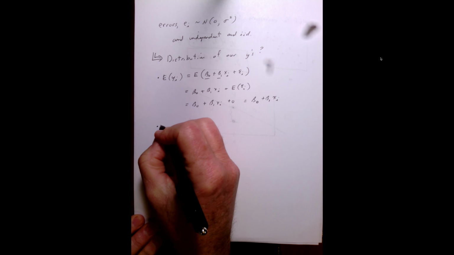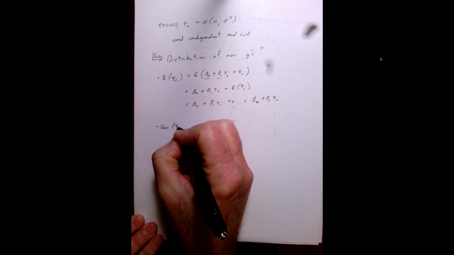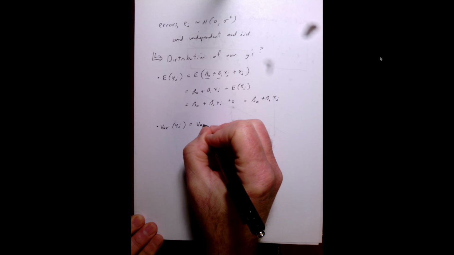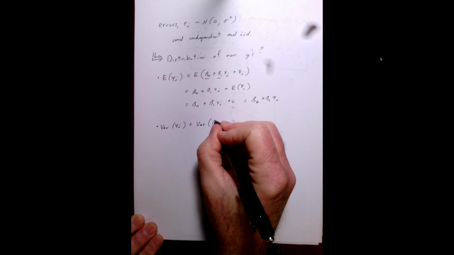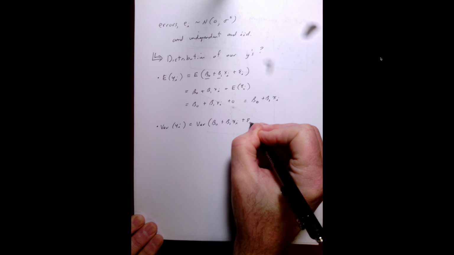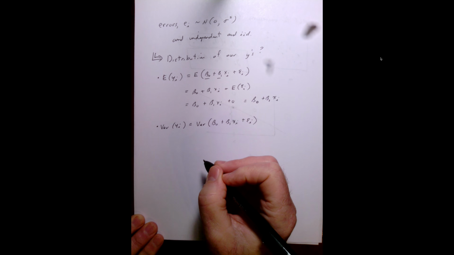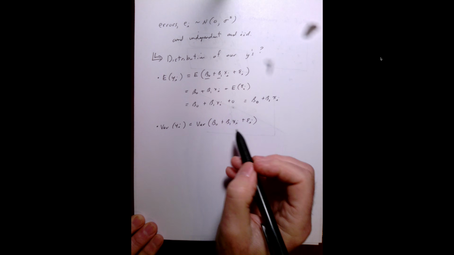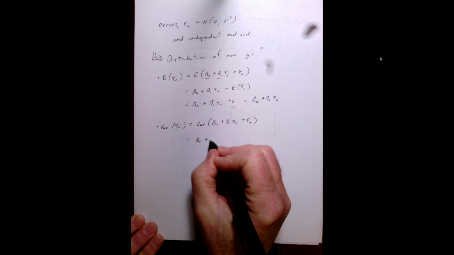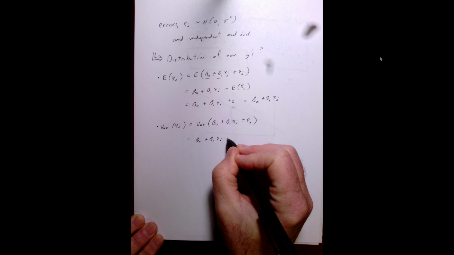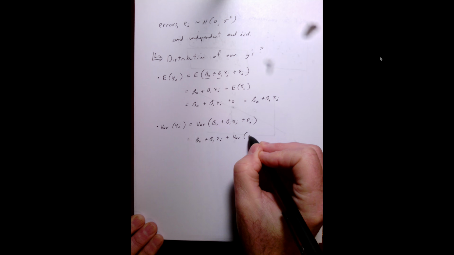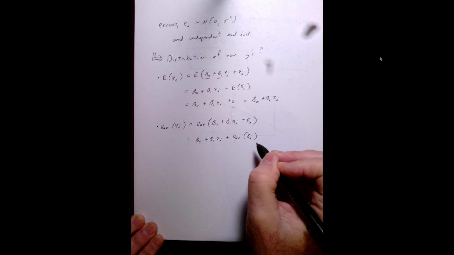Next thing we'd want to look at is the variance for our y sub i's. So this is equivalent to the variance of beta 0 plus beta 1 x sub i plus, of course, our error term. From the same logic of constant, constant, constant, we have the luxury of pulling those out and focusing just on the variance of our e sub i's.